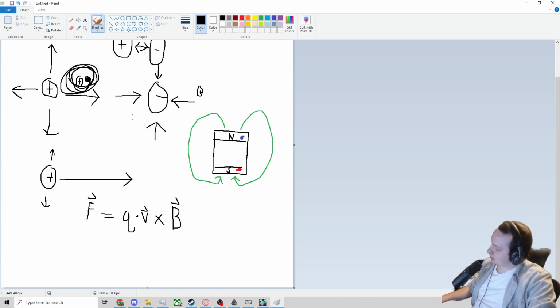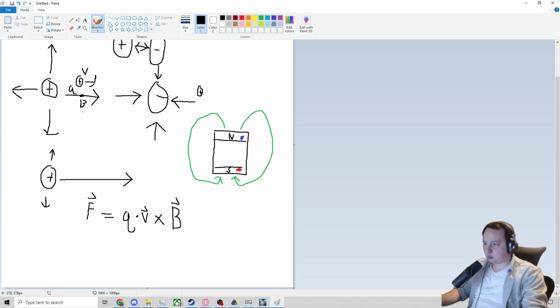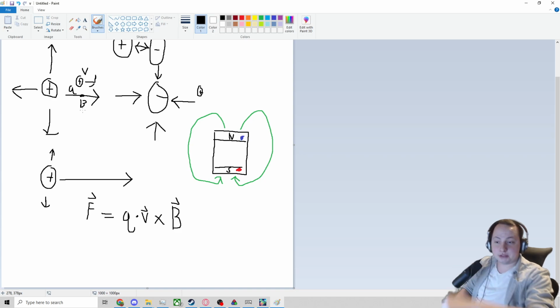I'll draw circles, just in case. If we know the velocity that this thing is traveling at and in what direction, and if we know its charge, Q, and if we know the strength of this magnetic field here, B, we can calculate what force that particle will experience, and it will go off in a direction.